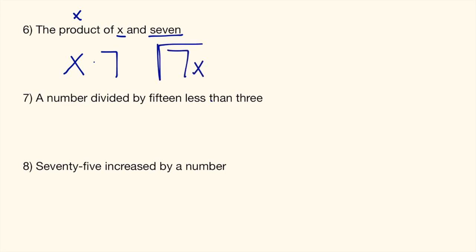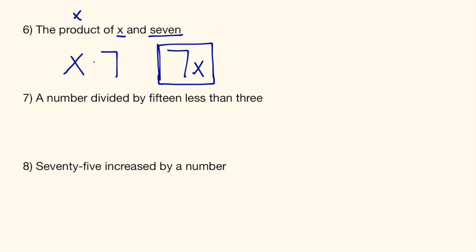When a variable and a number are right next to each other, that means multiplication. We'll see that a lot more as we go through the algebra section. But I wanted to note that x times 7 is the same thing as saying 7x. So either one of those would be an acceptable answer. But keep in mind on the GED, it is multiple choice. So if you don't see x times 7, you might see 7x as an answer.